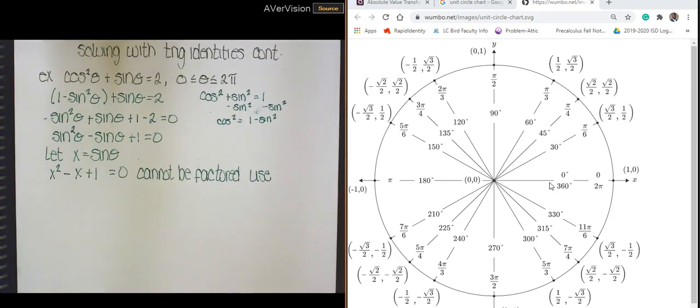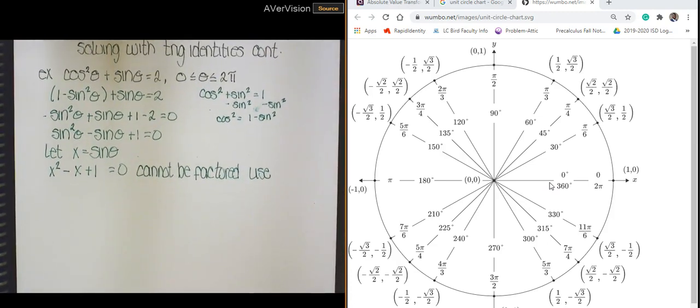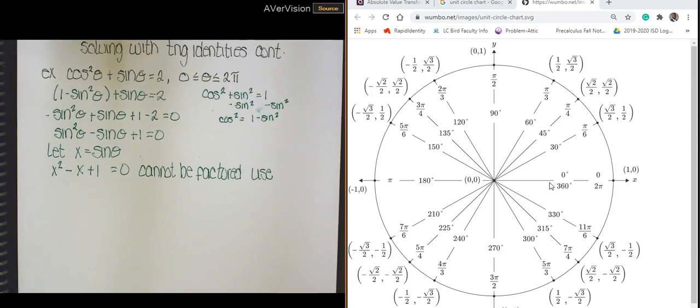Remember, there are different ways of solving quadratics. Factoring was one of them. There were other methods that we talked about, and I told you two of them always work.